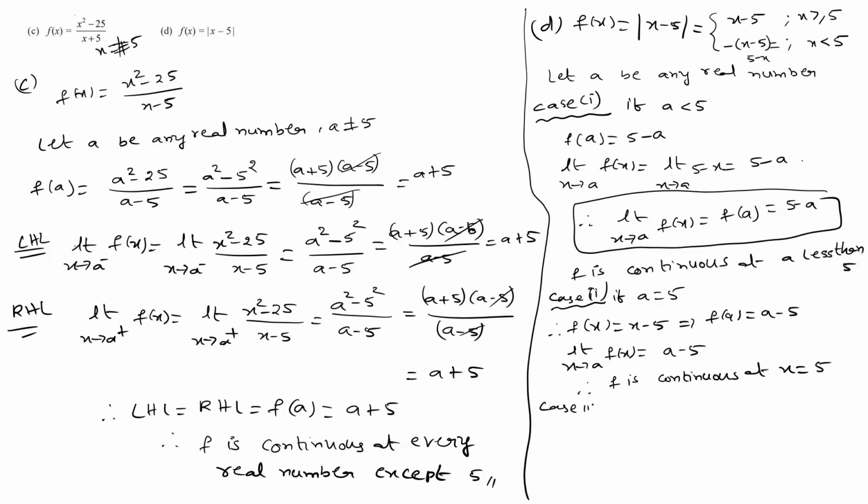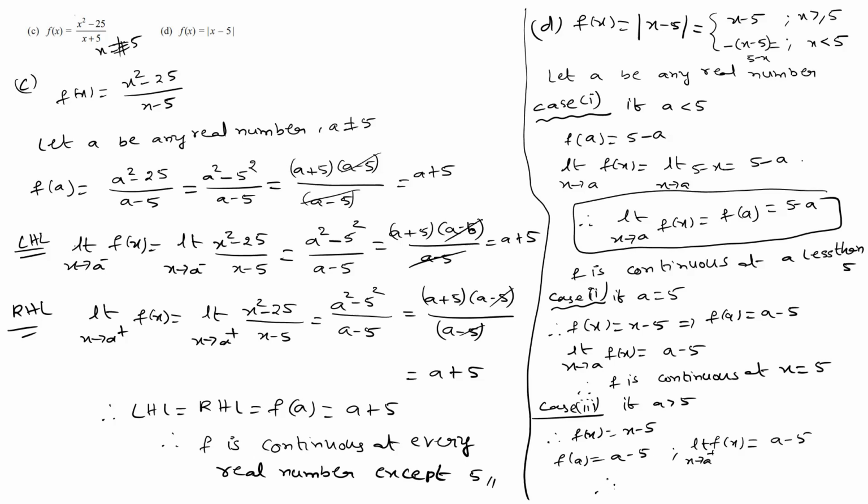Next, case 3 is we are taking, less than, or equal to, or next greater than. If a is greater than 5 here, therefore f of x is equal to, for greater than 5 also, x minus 5 here. So f of a is equal to a minus 5, and limit x tends to a plus f of x here also is a minus 5.